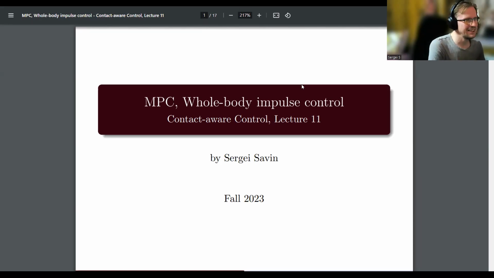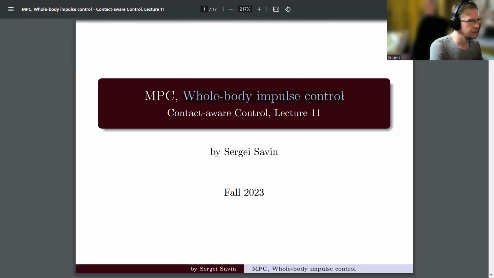It is interesting that only at the very end we arrive at what is maybe most applicable to practical use in quadruped robots. Okay, and that is model predictive control and what the original inventors call whole body impulse control.